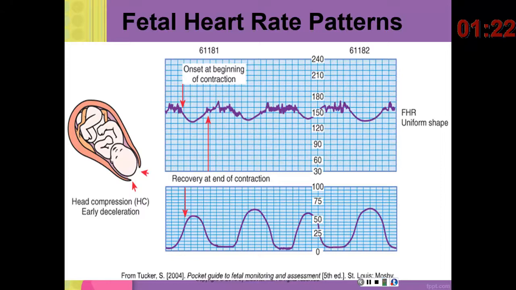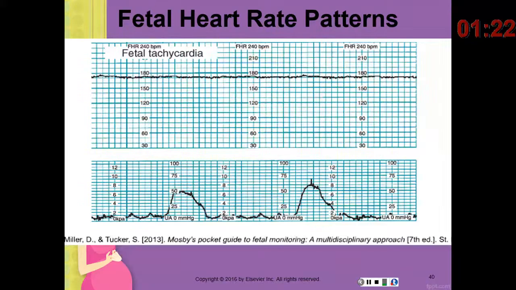Again, this is head compression. What would we do with head compression? We would do a vaginal exam. And then this is obviously fetal tachycardia. If we look at the baseline, it's pretty darn straight, around 170, and the beat-to-beat variability is not there, right?